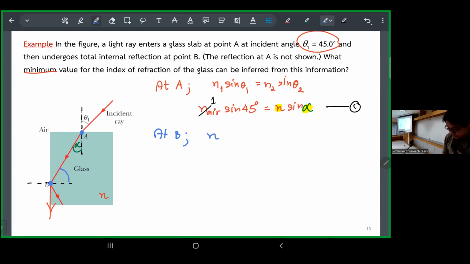That's no big deal because this is a right triangle. If we already assumed the top angle there is alpha, we know right away that the incident angle for point B is 90 minus alpha. You guys with me? So you can put sine of 90 minus alpha there.